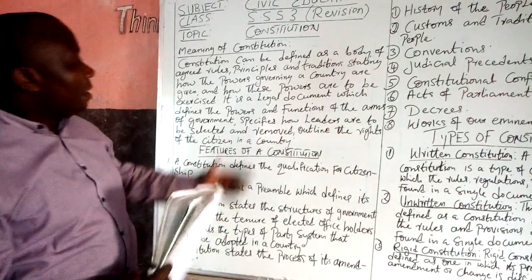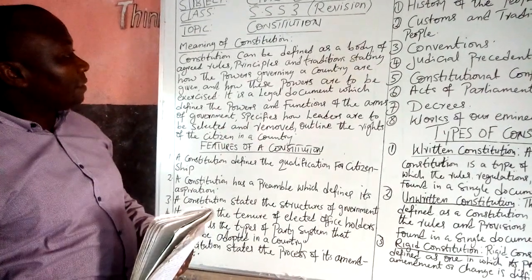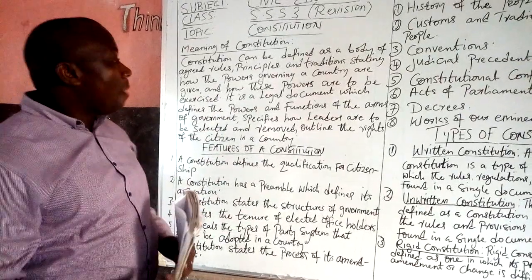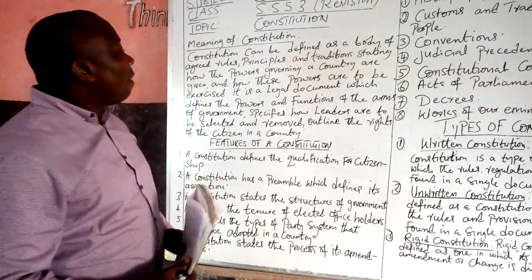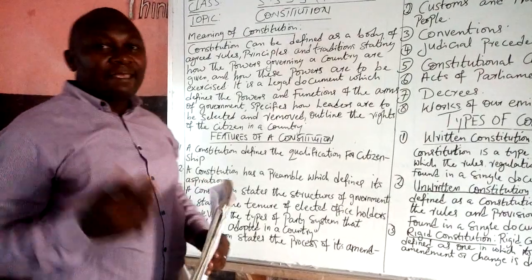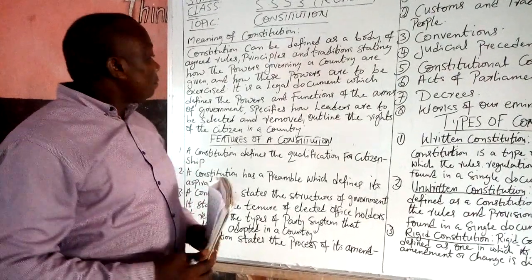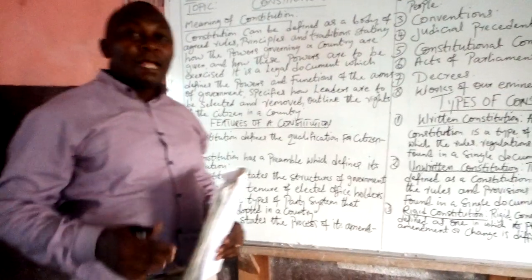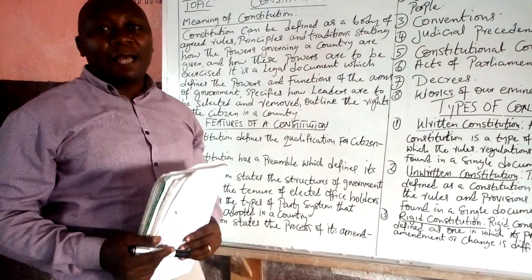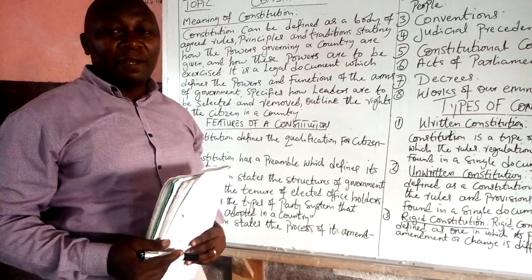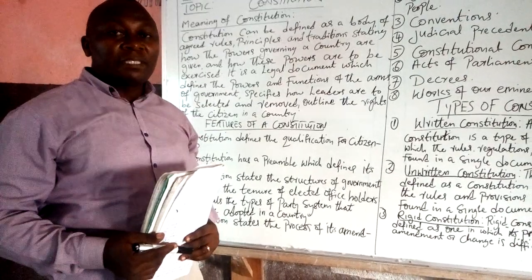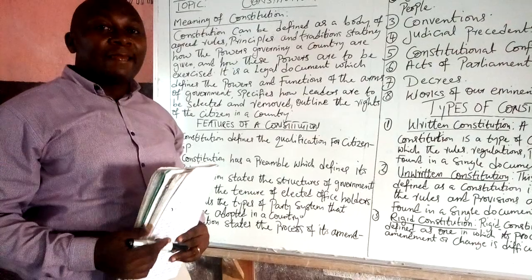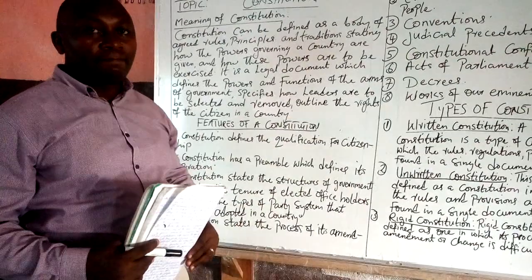It states how powers of governing a country are given and how these powers are to be exercised, which means how we elect our president, governors, and members of the National Assembly are all enshrined and defined in a constitution.